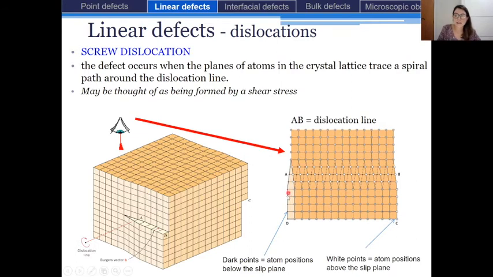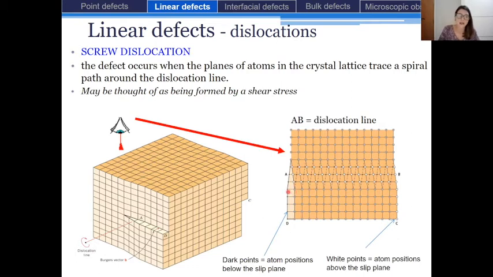In fact, the atoms from the plane below this dislocation line and above the dislocation line begin to superimpose, but the distance between these atoms that were superimposed but are now shifted is equal to an interatomic distance.